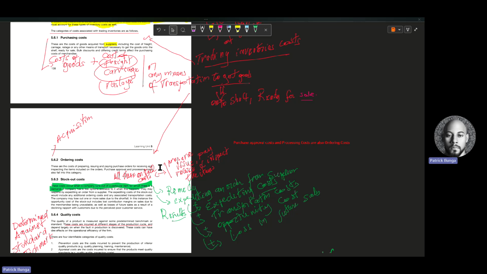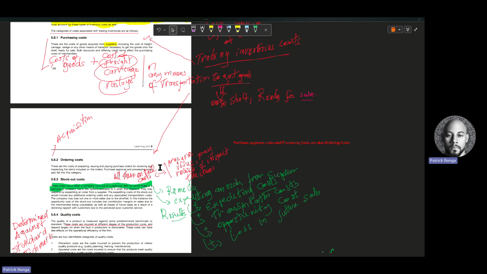So you would definitely have expediting costs. For example, to remedy such a situation, let's say a company runs out of a particular item that is in high demand. Obviously, you will incur other costs: the cost of expediting the order from suppliers, the transportation cost, and the opportunity cost.